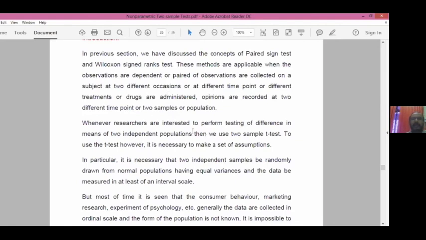Whenever researchers are interested in testing differences in means of 2 independent populations, we use the 2 sample t-test. To use the t-test, however, it is necessary to make a set of assumptions. In particular, the 2 independent samples must be randomly drawn from normal populations having equal variances, and the data must be measured at least on the interval scale.